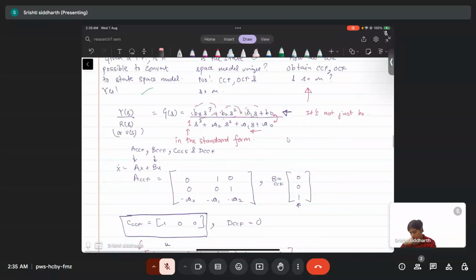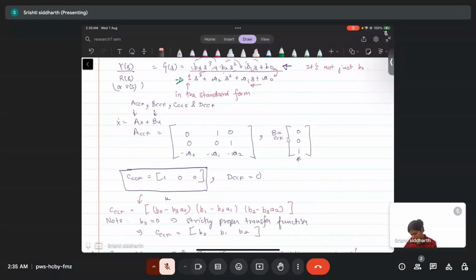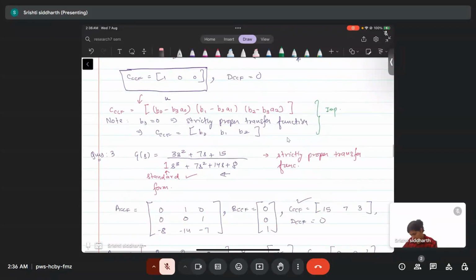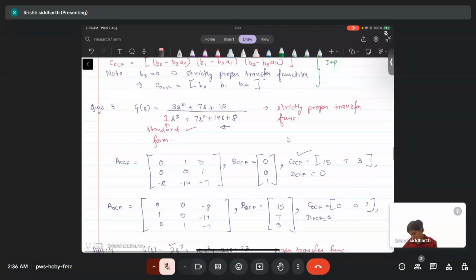So this was a general expression for a third order transfer function, in which the coefficient for the highest order term in the denominator was 1. Then these were the ABCD matrices. And for a strictly proper transfer function, the C vector can be simplified to this form, B0, B1 and B2. Then we, I think, looked at some more questions.